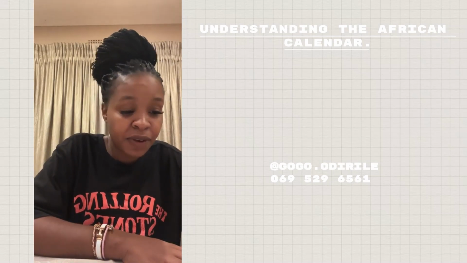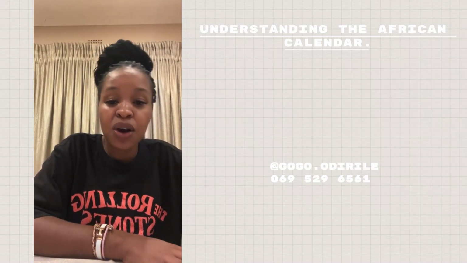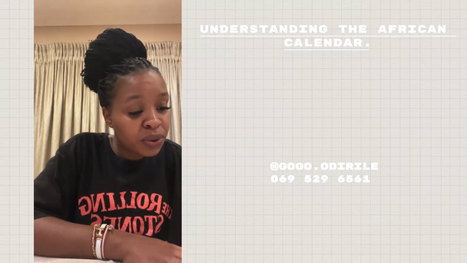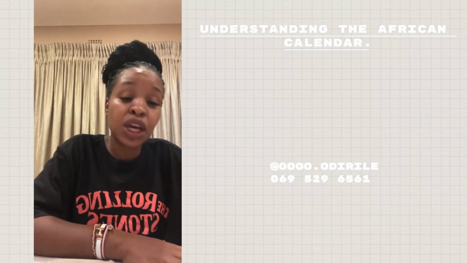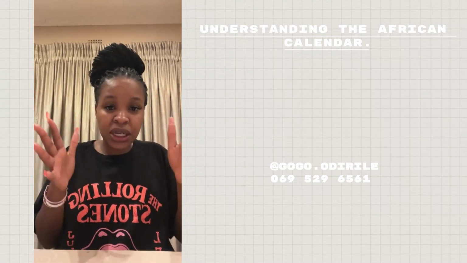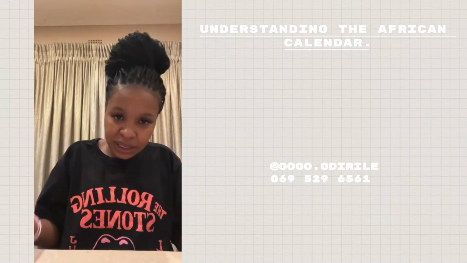Then we have February. Feb belongs to Isis, which is the goddess of nature. So I wrote here, things are looking up and optimistic, seeing the good in everything. Isis is essentially the goddess of romance and being optimistic.